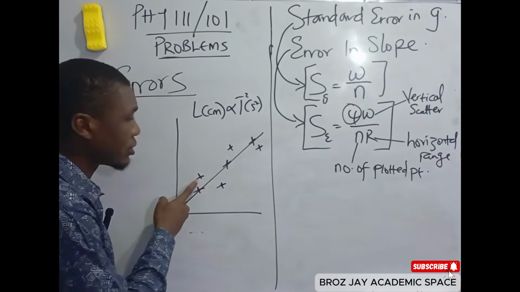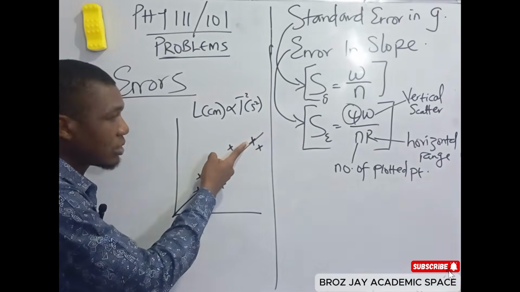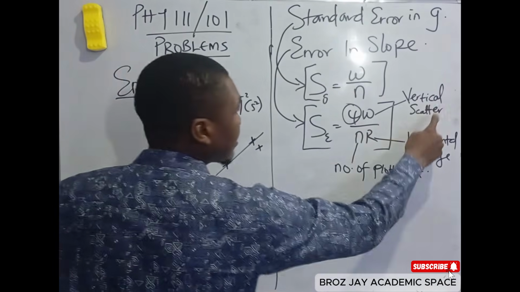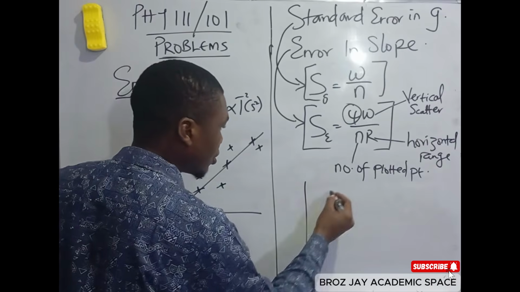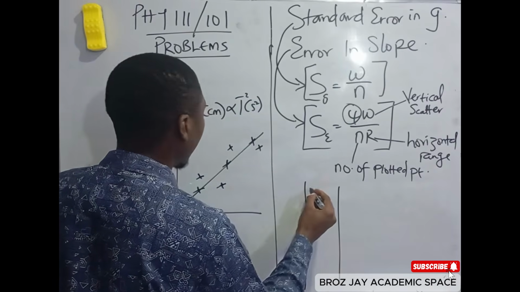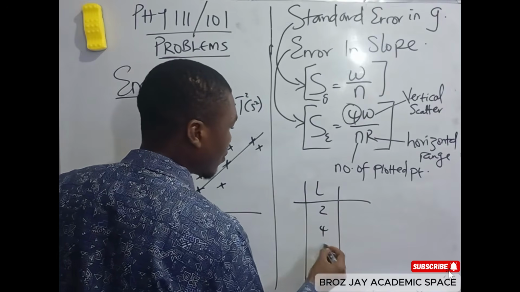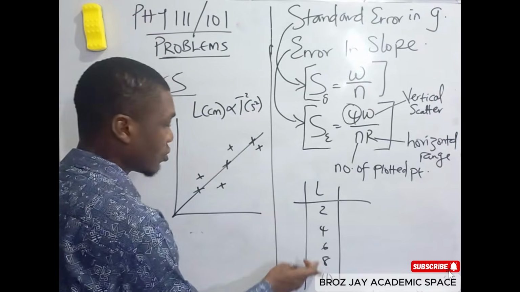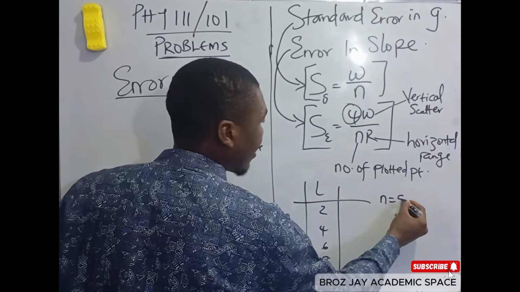Now, you see these points closer to the gradient line, and these points closer to the gradient line. That's what we use to find your vertical scatter. The number of plotted points is already here. Let me say you have length as 2, 4, 6, 8, 10. Number of plotted points is 1, 2, 3, 4, 5. So your number of plotted points is equal to 5.